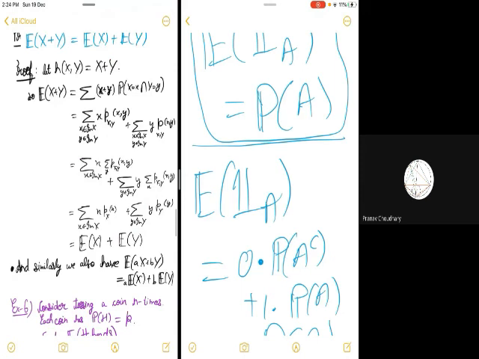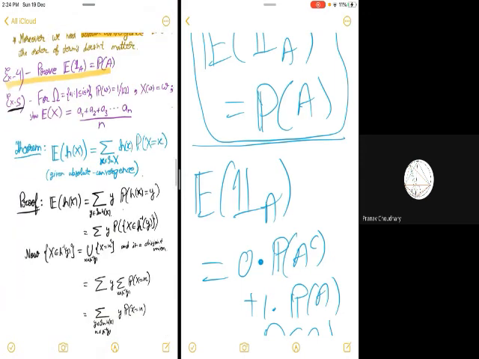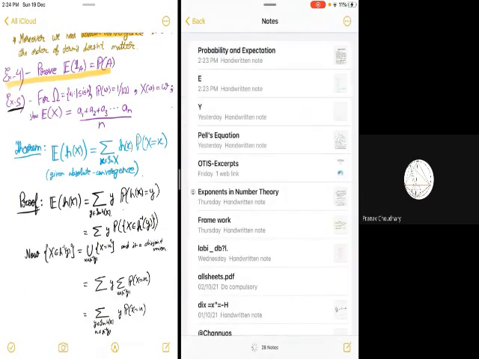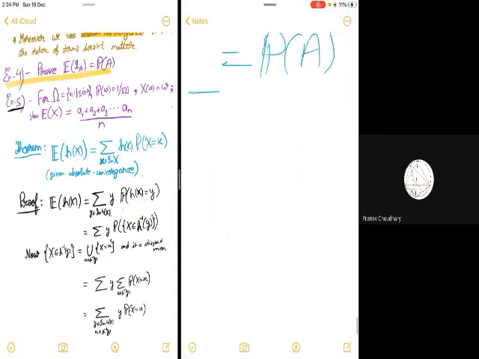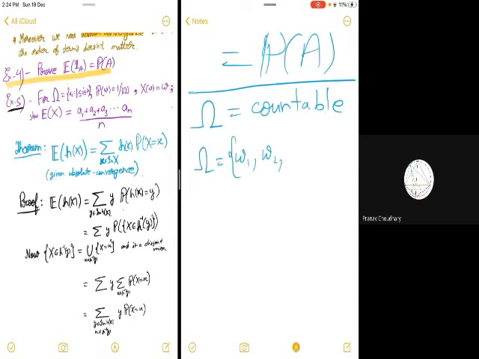Now we come to the part where we have a function of a random variable. Yes. But before that, notice this: suppose that our sample space omega is countable, say small omega 1, small omega 2, small omega 3 and so on.